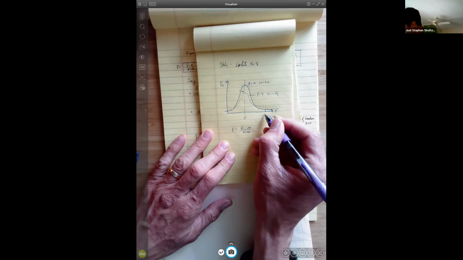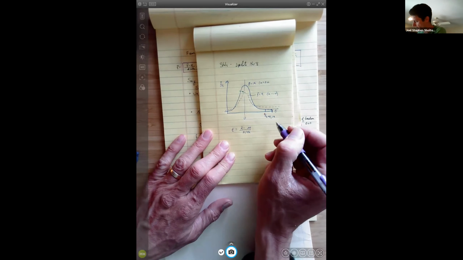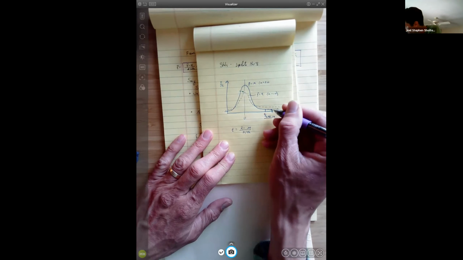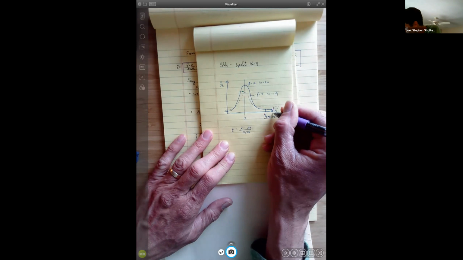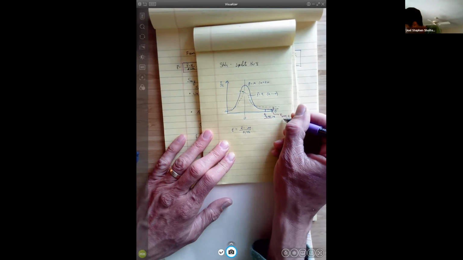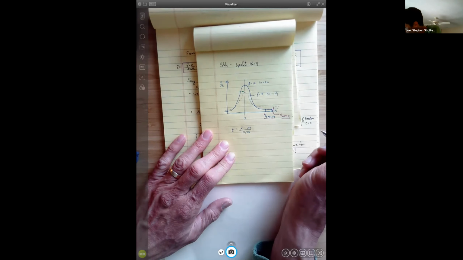So here would be my critical t value that I would have to compare for a 95% difference or significance level. And then my t value over here would probably be, this would be t 0.95 for 9 degrees of freedom. This is 19 degrees of freedom.